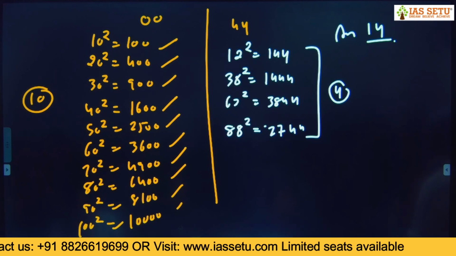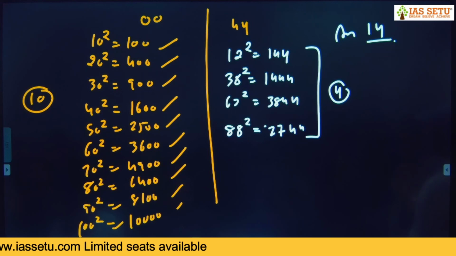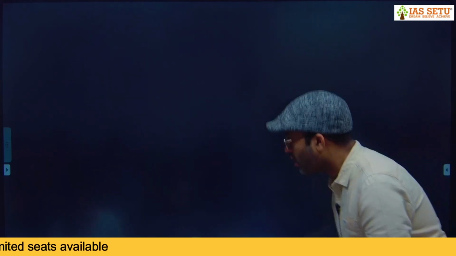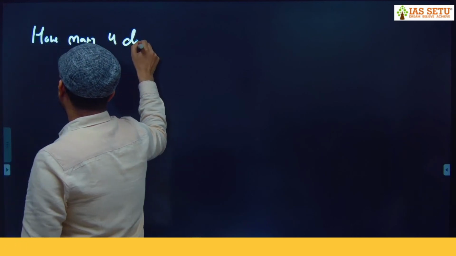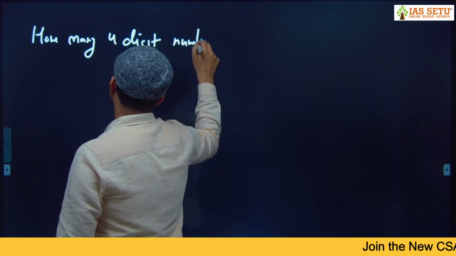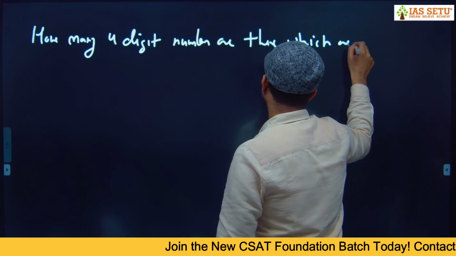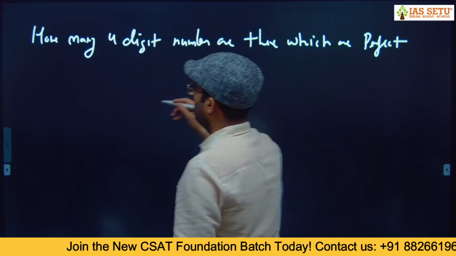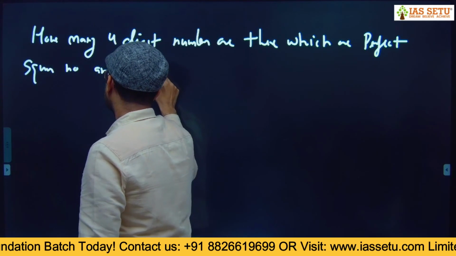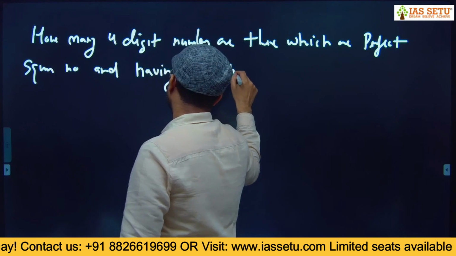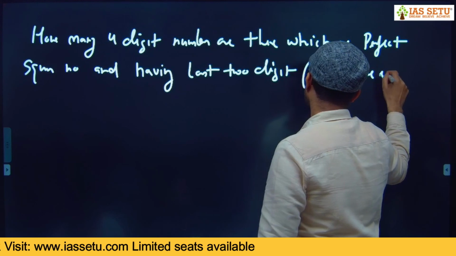Let me see how many of you understood the concept. My question is, how many 4-digit numbers are there which are perfect square numbers and having last 2 digits, unit place in bracket and 10 place.